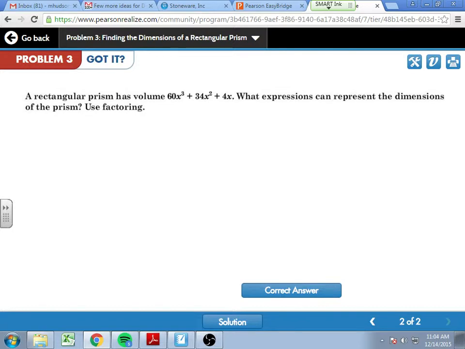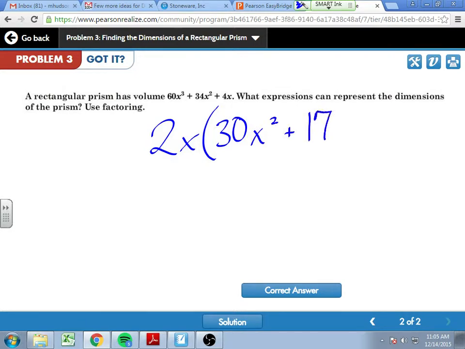Then, Robert. Actually, you could do 2x. Ah, you could factor out 2x. So 30x squared plus 17x plus 2. Then what'd you break up your 17 to be, Leah?